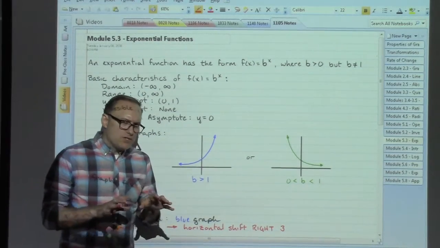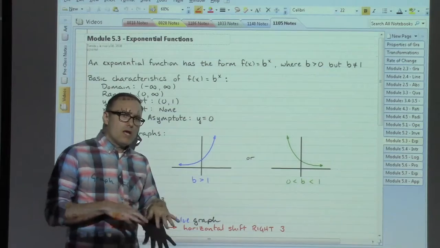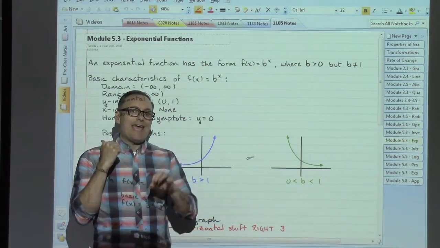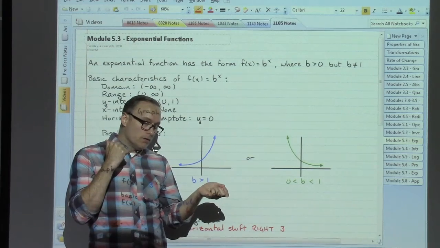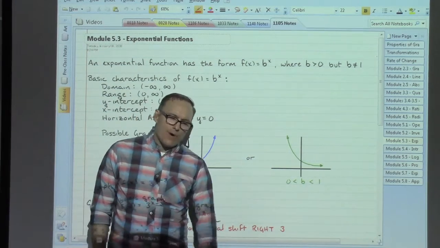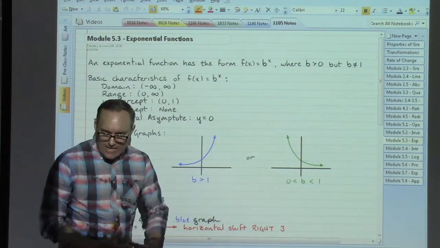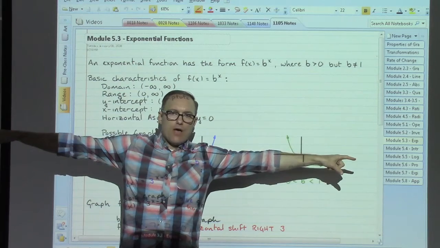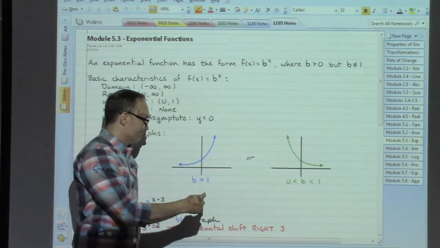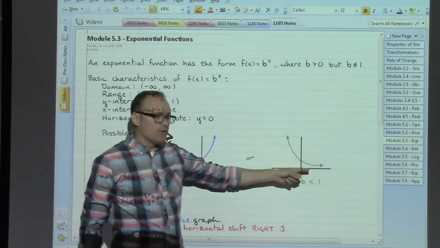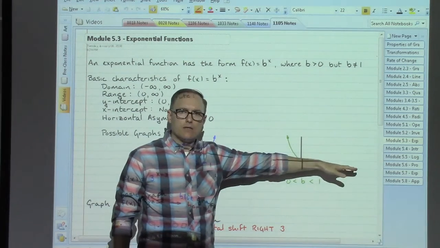Remember that definition said, it's this horizontal line that our graph approaches to the left and or to the right. And with that rational function business, we said it was an and. Both ends were going to get closer and closer to that horizontal line. Just to the left, or for this shape, just to the right.